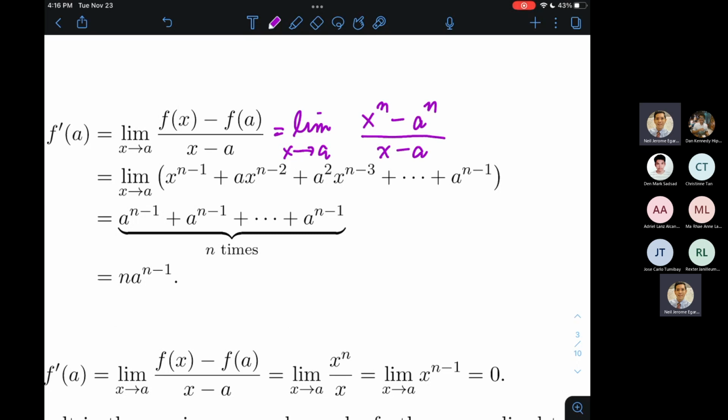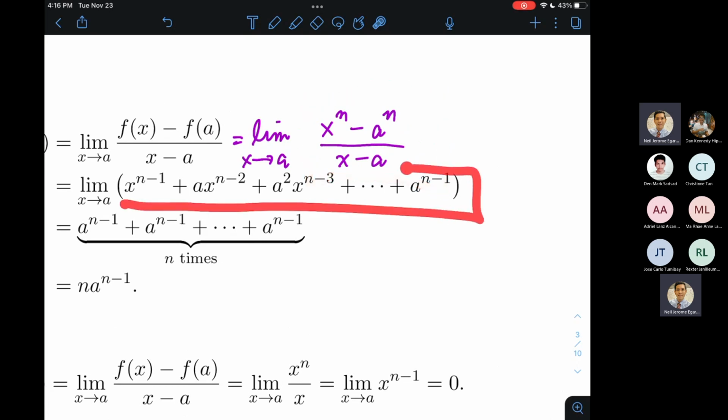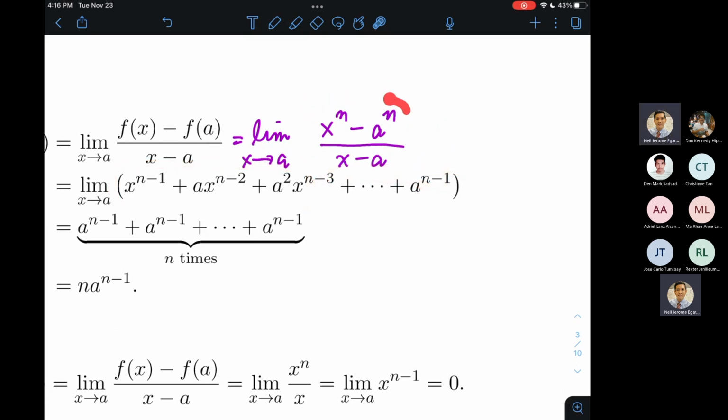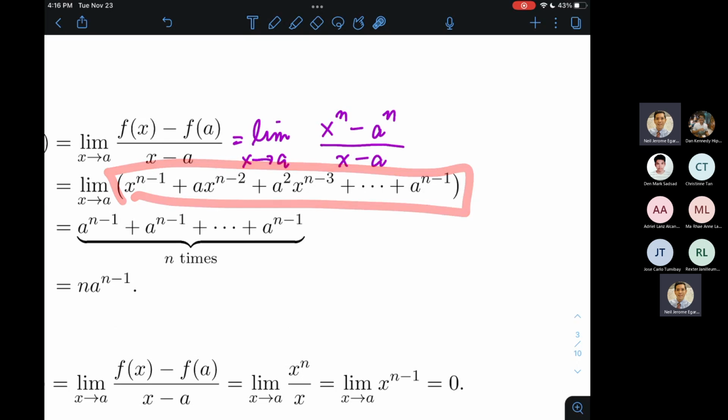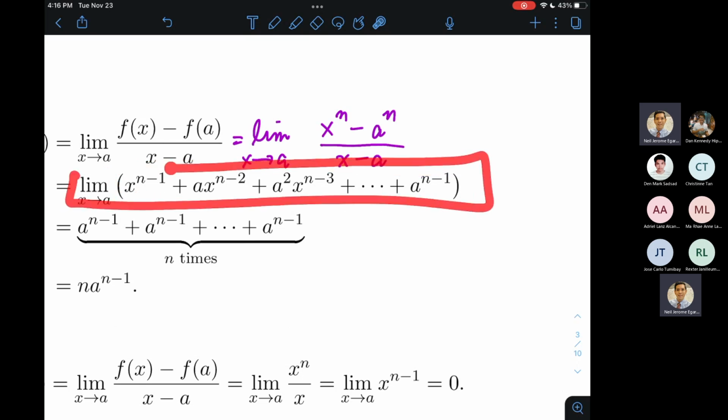So that's by substitution. F of x is x to the power n. F of a is a to the power n. And then if you perform the division here, the quotient will be this guy. Or if you factor x minus a from the top, you'll get x minus a times this long expression here.